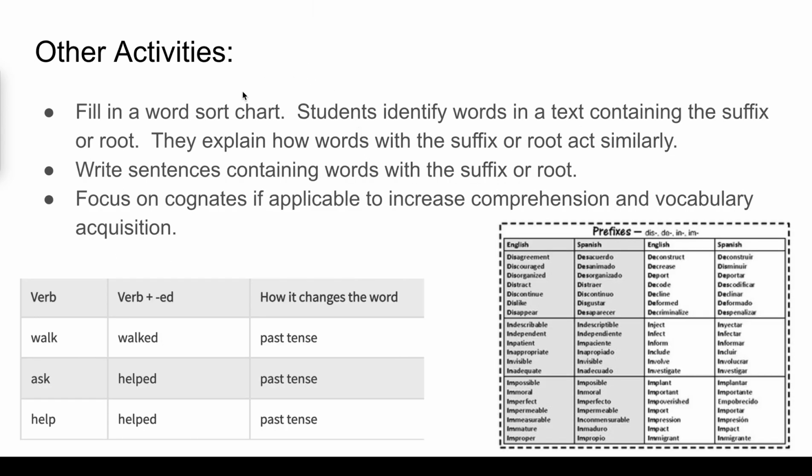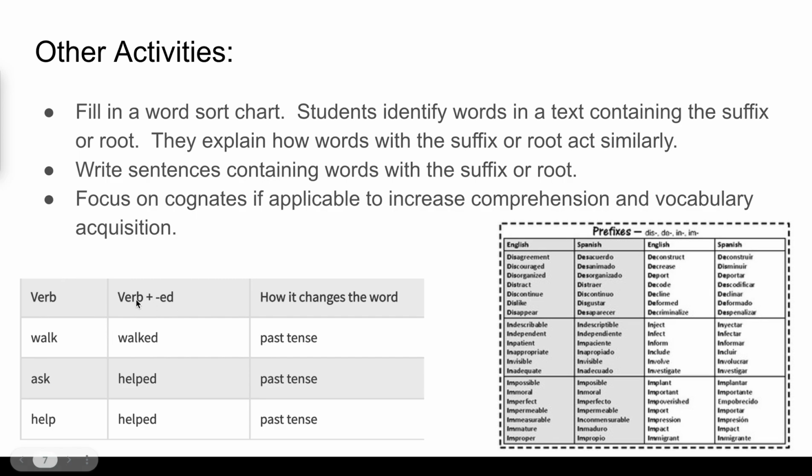All right, so here are some other activities that you can do with suffixes and root words. You can fill in a word sort chart. Students would identify words in a text containing the suffix or root. They would explain how words with the suffix or root act similarly.